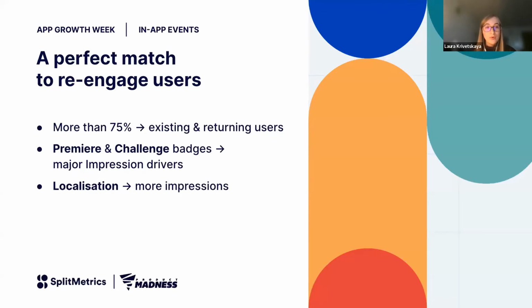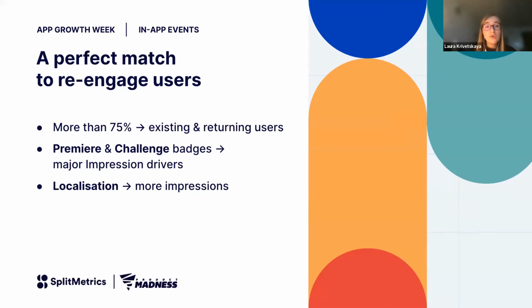Okay, so apart from the creative side of things, I'd also like to share some insights in terms of some particular pages and audience types and how to get more impressions towards your application through in-app events.